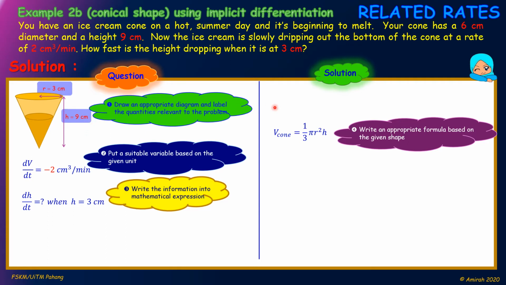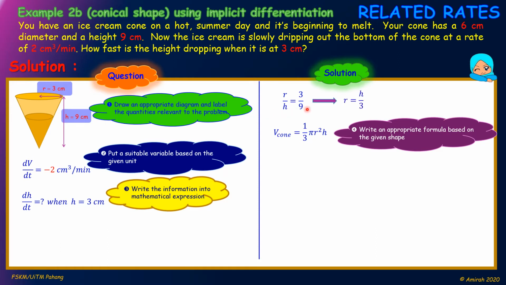So we use ratio, r over h equals to 3 over 9. How we get this? If we write r in numerator, we need to write 3 in numerator because 3 is the value of r. If we write h in numerator, we need to write 9 in numerator because 9 is the value of h.